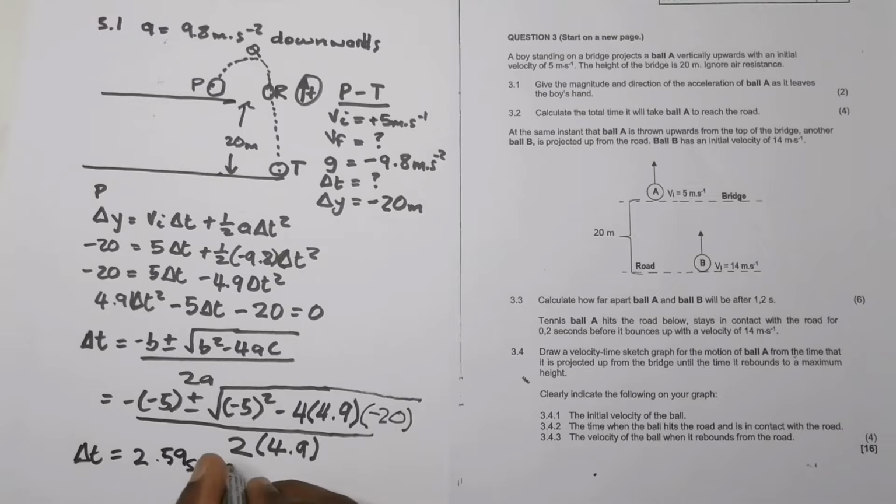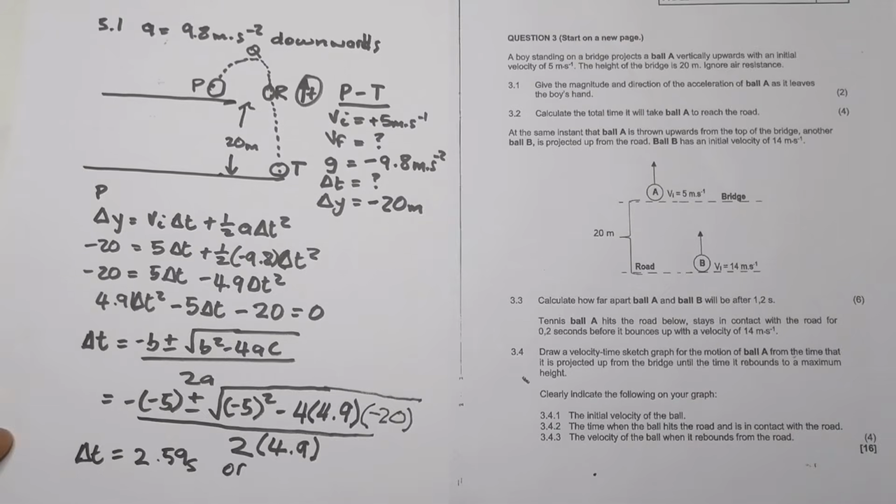Okay, let's check the other one. Delta t is equal to, so I get minus 1.57 seconds. Now, obviously, this answer here would not be applicable, right? Why is that?